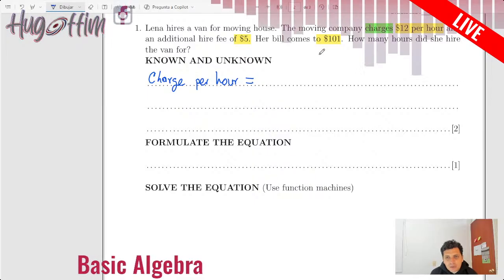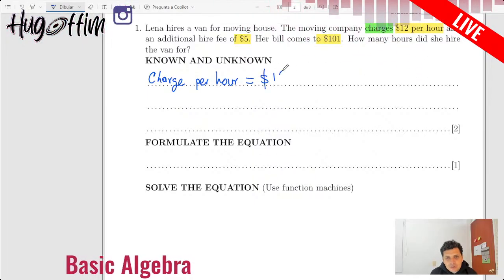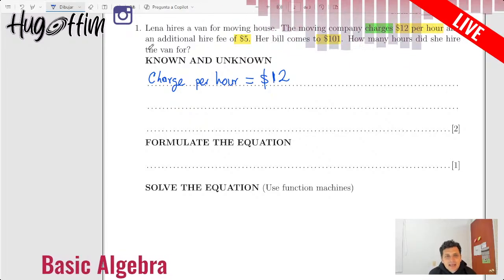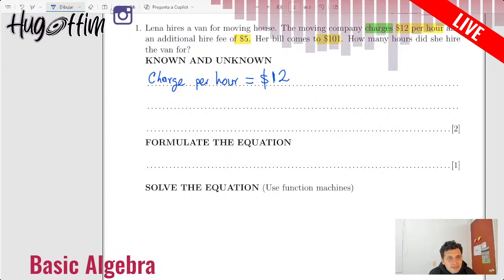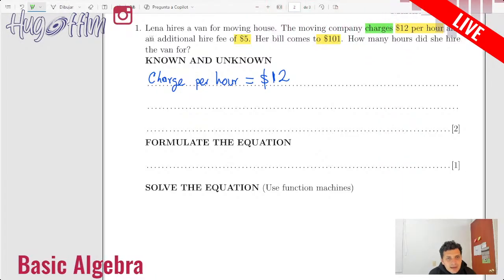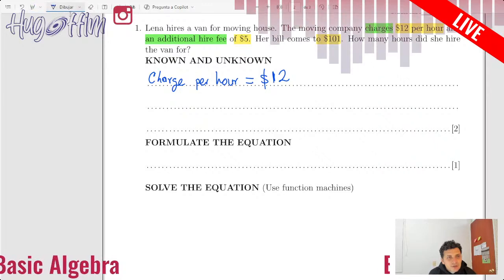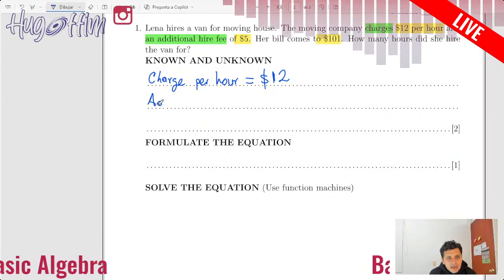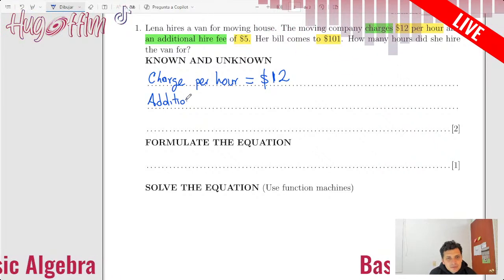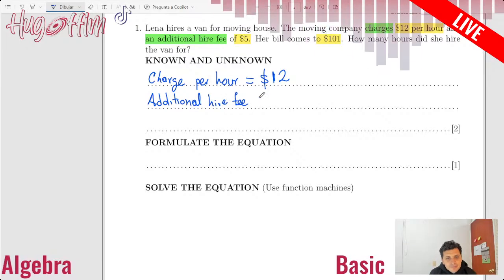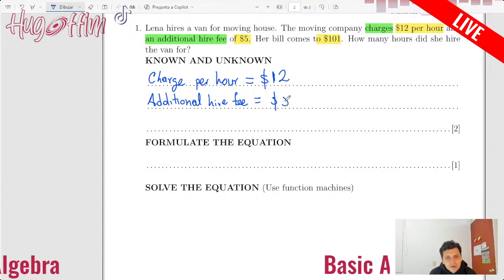The charge per hour is going to be $12. Okay? Now, an additional higher fee of $5. So I'm going to put here additional higher fee is $5.